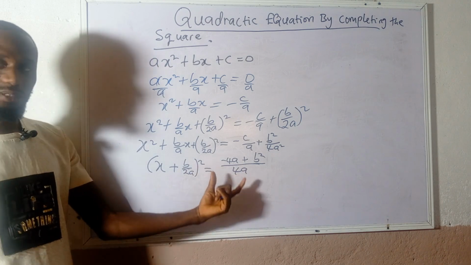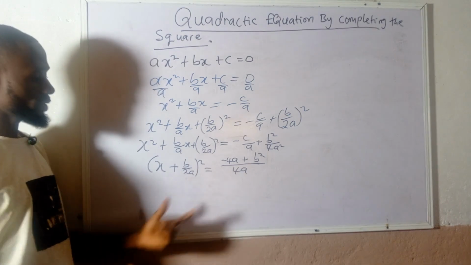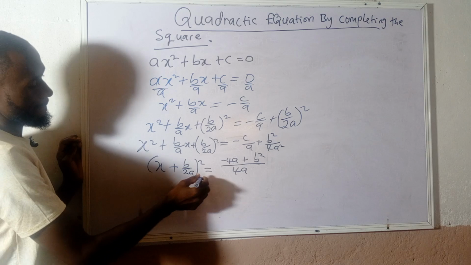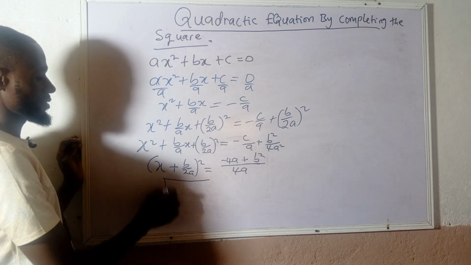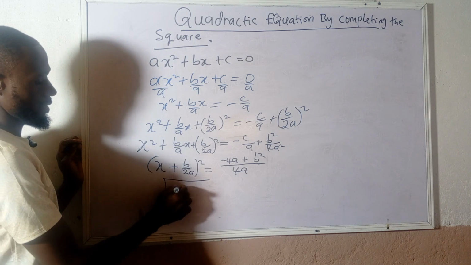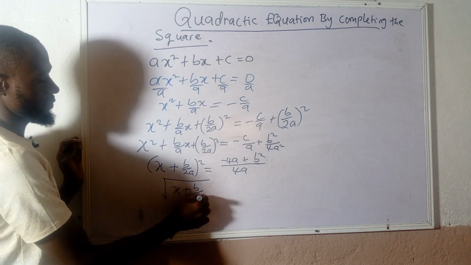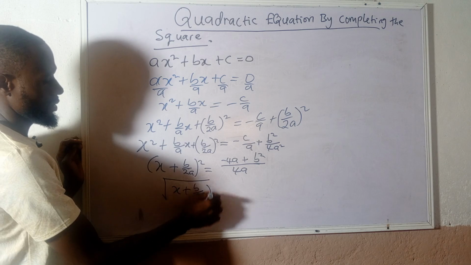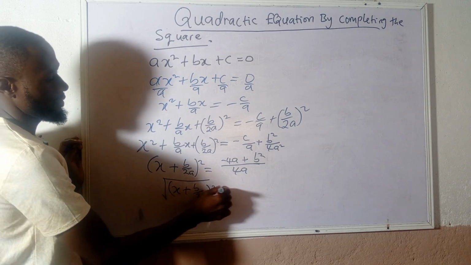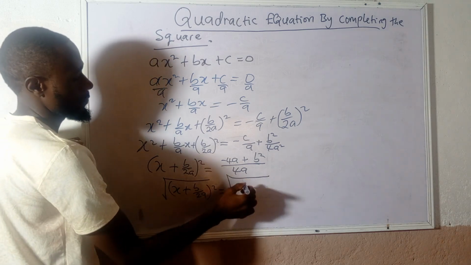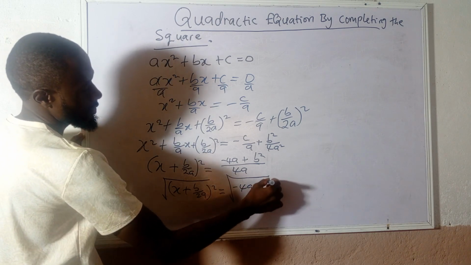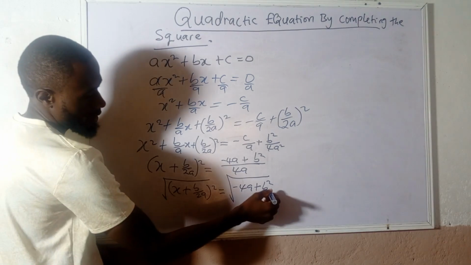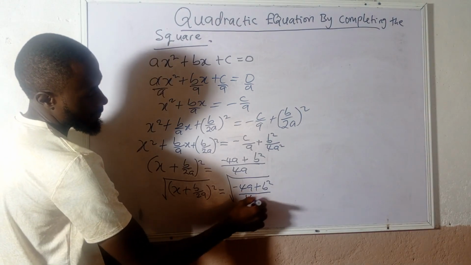Then since we reach this stage, we are going to take the square root of both sides. By taking the square root of both sides, you have x plus b all over 2a, all squared, equal to the square root of minus 4ac plus b squared all over 4a squared.